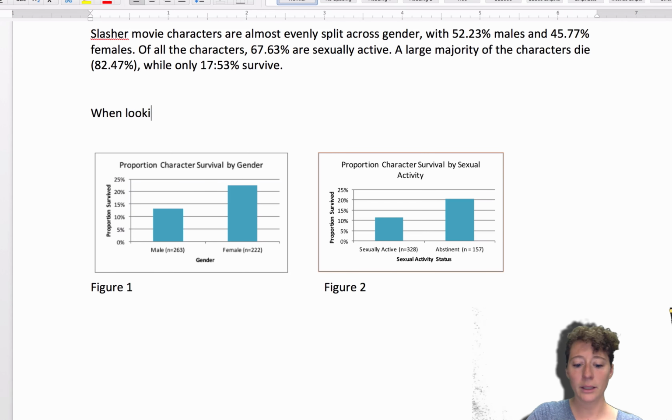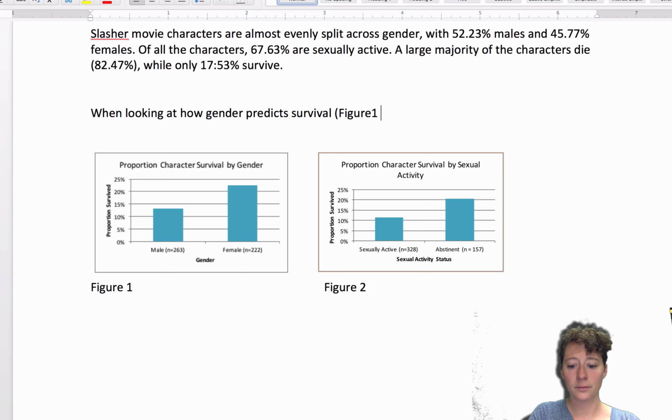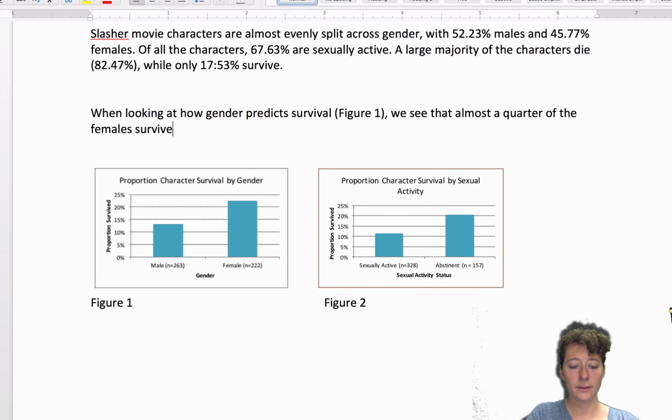So, when looking at how gender predicts survival, again, I want to reference that, tell them where to look: figure 1. See that almost a quarter of females survive.